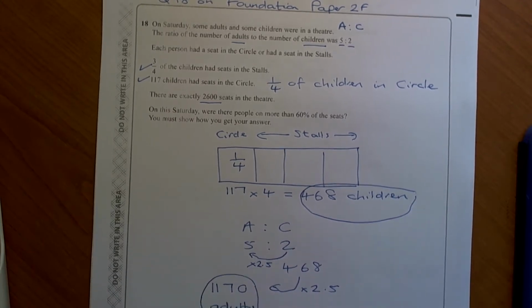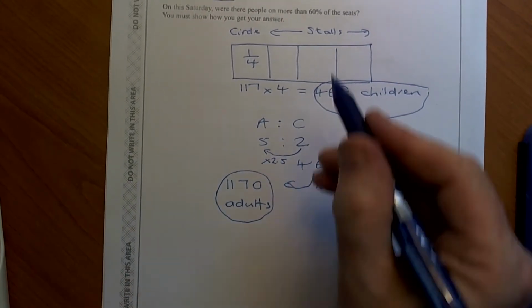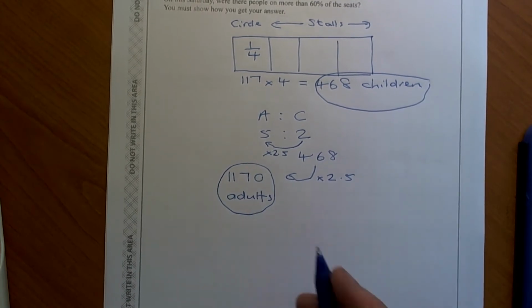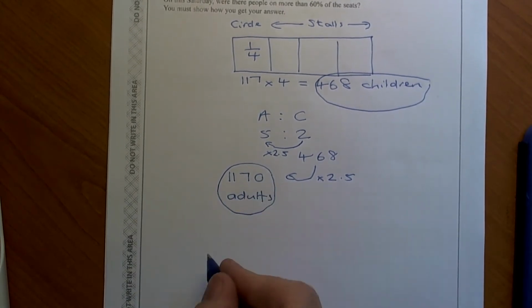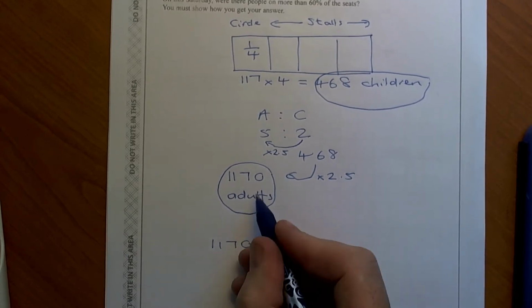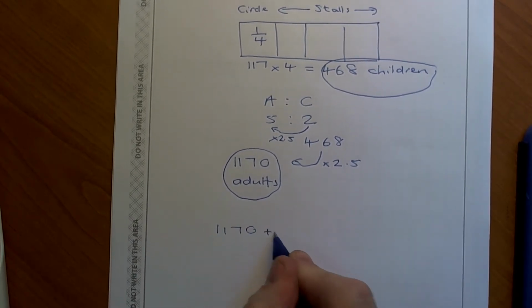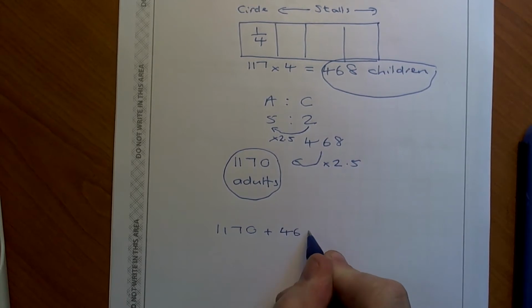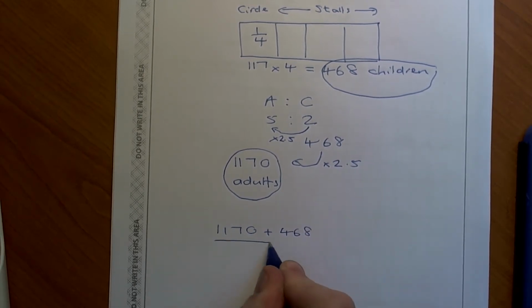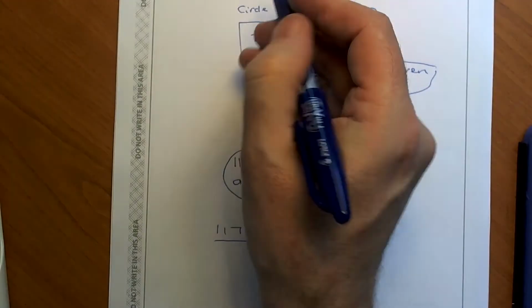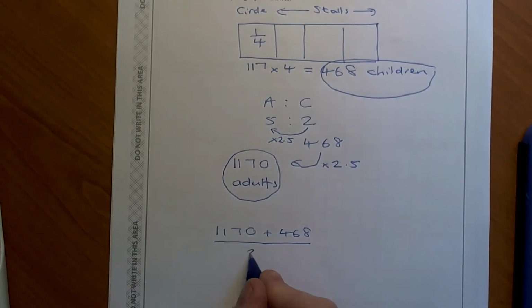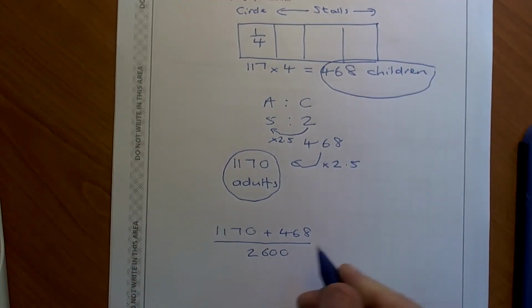So that's our number of adults, and we've got 468 children. So now we can find out what percentage of the theatre was filled. So to find out that, the total number that were there was 1,170 adults plus 468 children. Divide that by the number of seats in the theatre, which was 2,600.